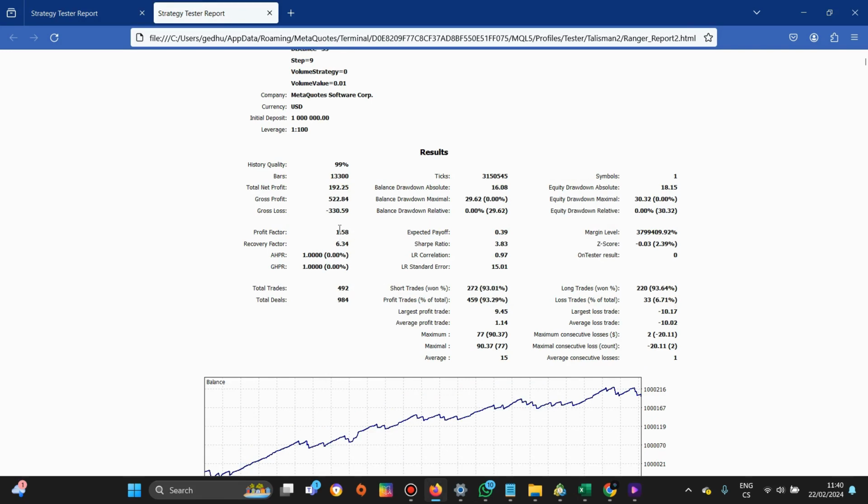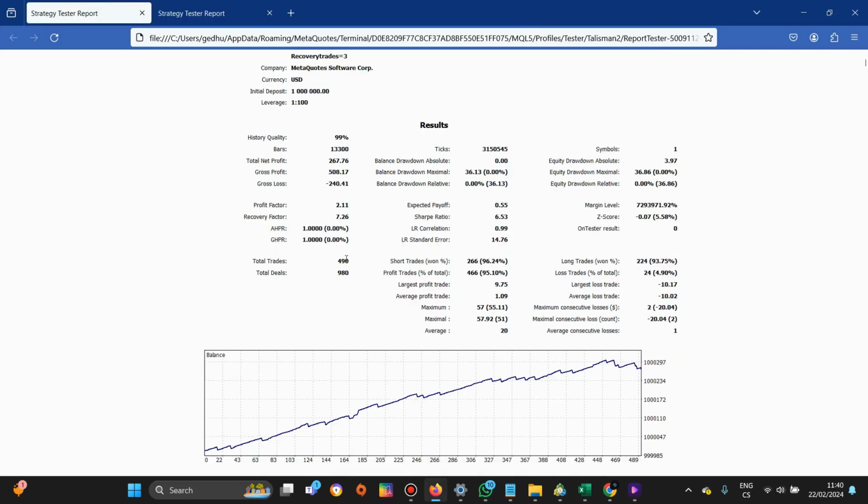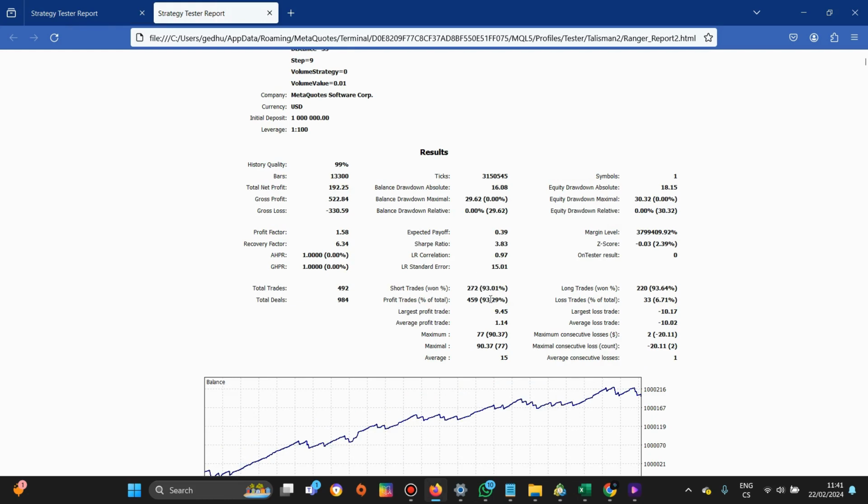Then I checked any other relevant numbers here. I had 492 positions, Quantum EA had 490, so 2 positions, it's not that much of a difference. And yeah, this doesn't make any difference in the results. Then I checked the profit rates, so 95%, I have 93%, so there's the difference because I took more losing positions than the Quantum EA did.